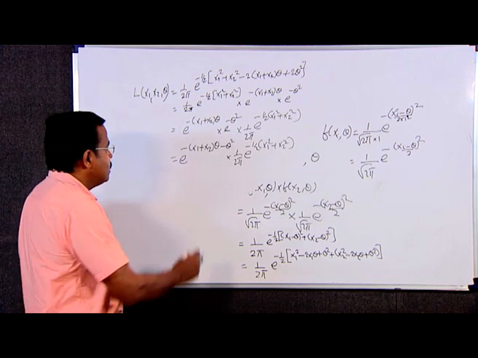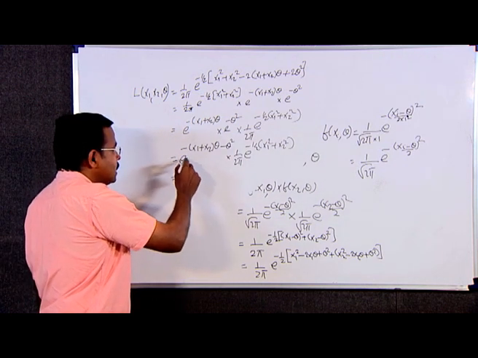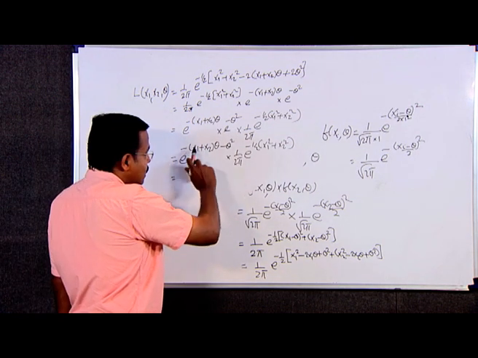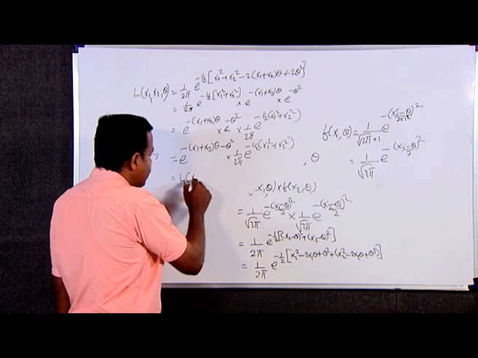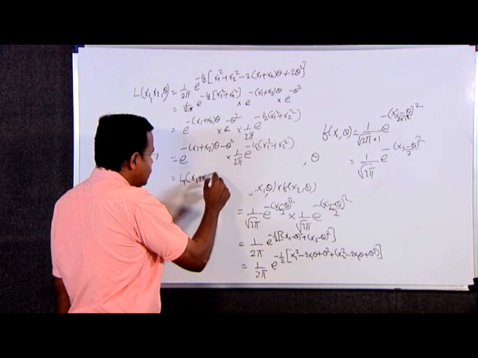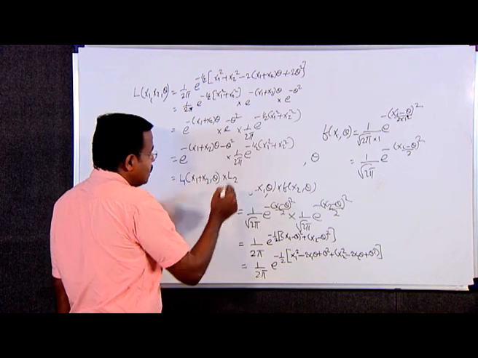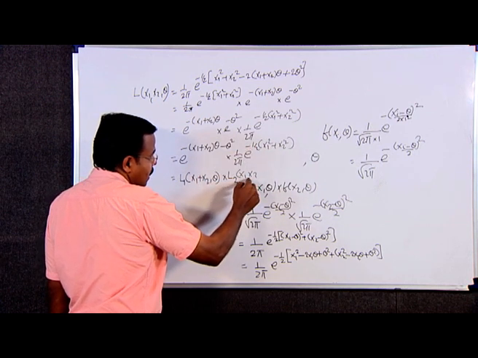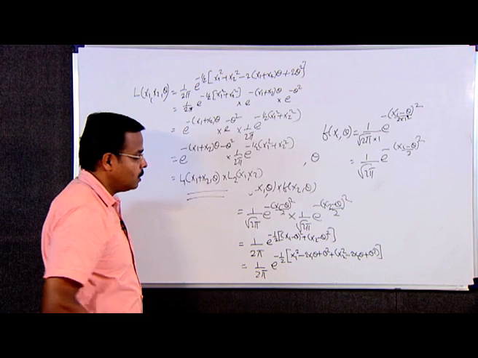Now, again we are getting the first function, that is e raised to minus of (x1 plus x2) into theta minus theta square, and that is a function L1 of x1 plus x2 and theta, and the second one, that is L2, there is no theta, that is a function of x1 and x2.